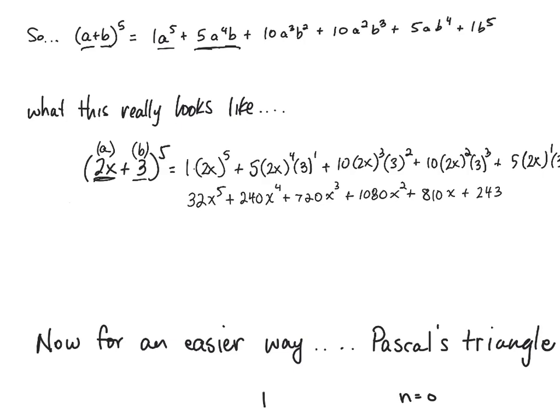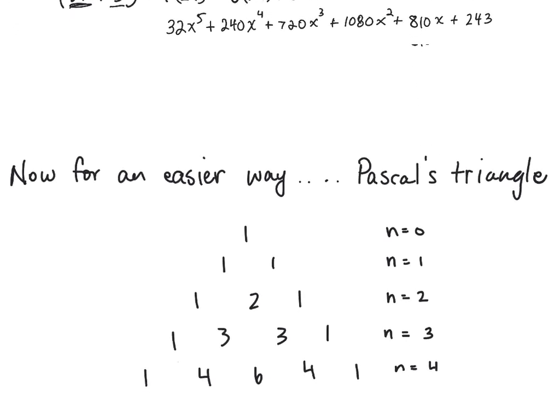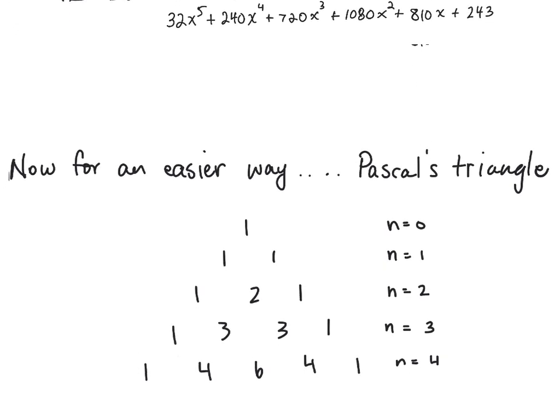If you're raising a binomial to a large power of n, like 15 or 25, Pascal's triangle may not be quite as easy as using the binomial theorem with the binomial coefficients. But we're generally going to be limiting our expansions to relatively smaller powers of n. So you may find that using Pascal's triangle is a quicker way of finding the coefficients.